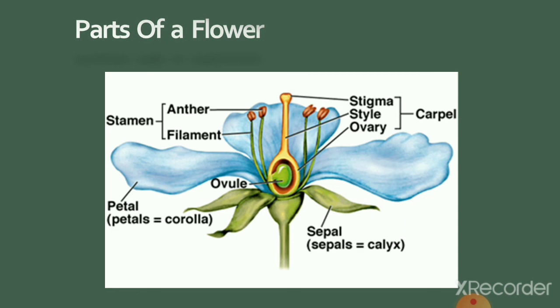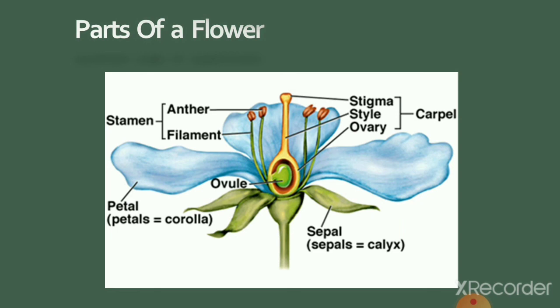Androecium is the male reproductive part, while gynoecium is the female reproductive part. A single unit of androecium is called a stamen, which consists of anther and filament, while the female unit is known as carpel or pistil, and it comprises stigma, style, and ovary.